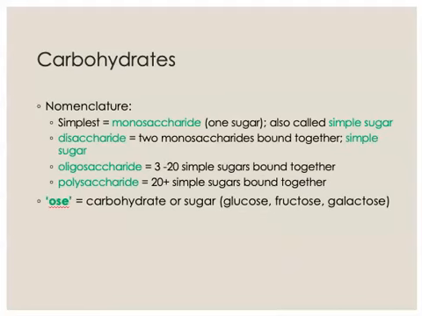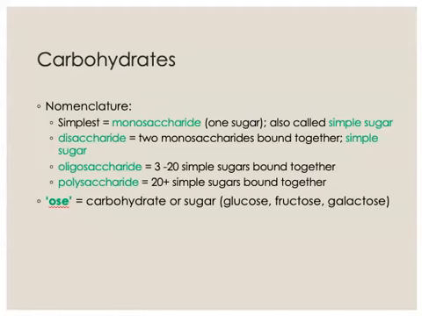Let's take a minute and talk about the nomenclature that we use when we're discussing different varieties of carbohydrate. Remember, the terms carbohydrate, sugar, and saccharide all mean the same thing. There are different sized carbohydrates in cells, though, so we need different terminology for each one.